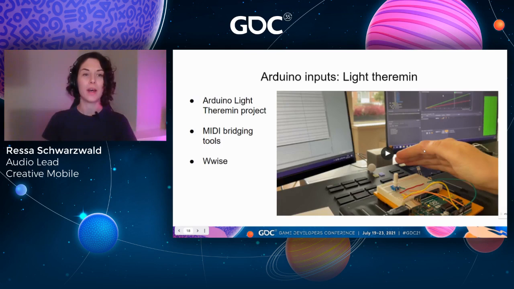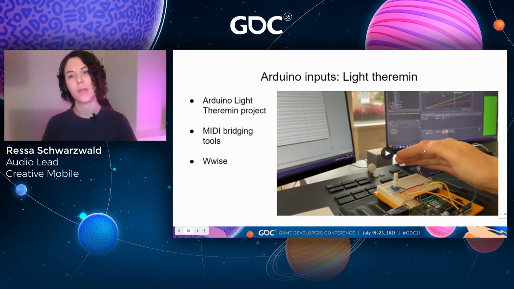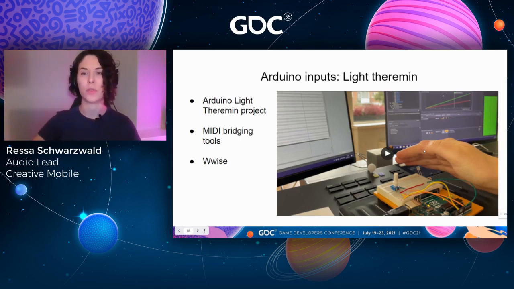My first project was the Light Theremin. It is basically a project from the book, called Theremin as well, but in the book the output for the theremin is a buzzer, and in my project the output is the PC, the MIDI bridge, and Wwise, which gets data from the MIDI bridge.